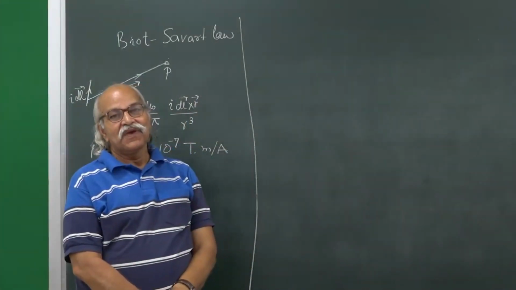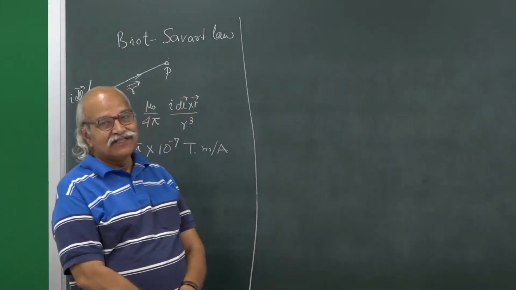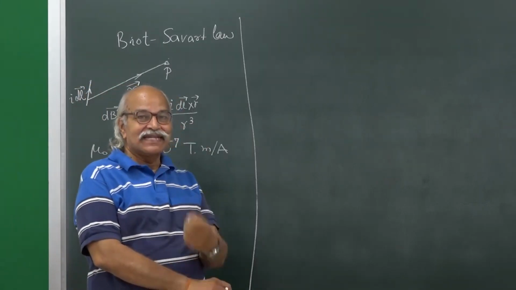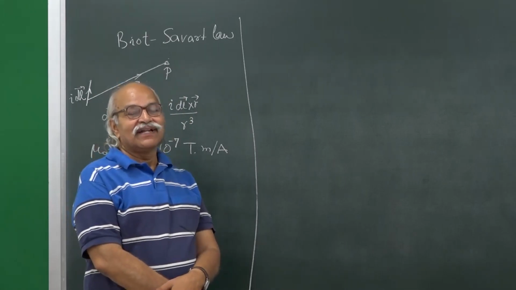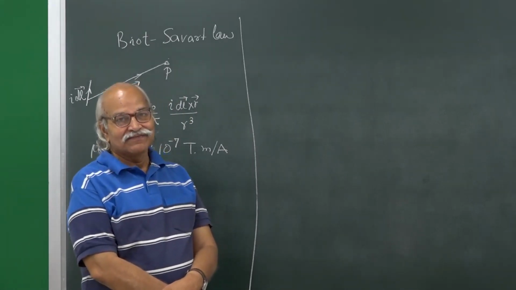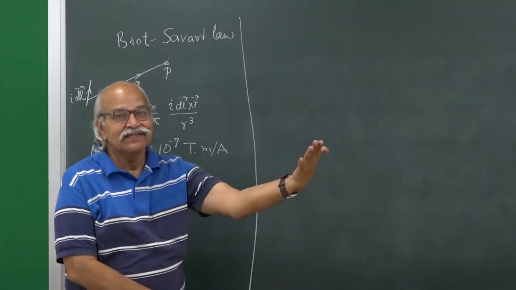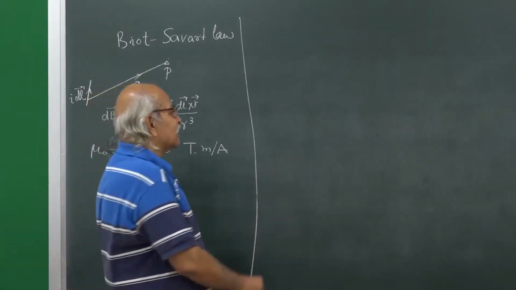You have already studied in high school the first application of the Biot-Savart law: a long straight wire carrying a current I, and you need the magnetic field at a given distance from this current.